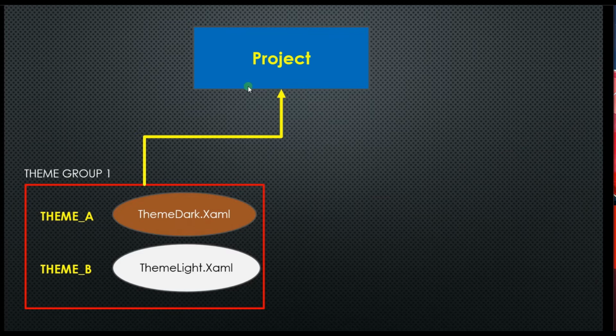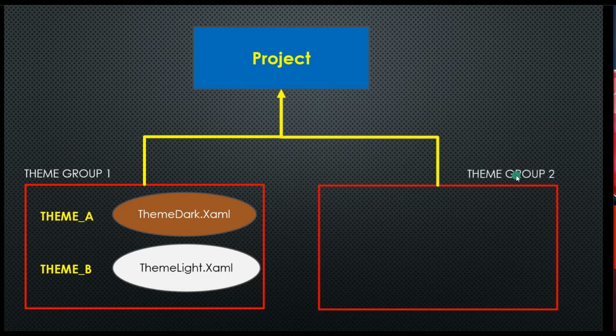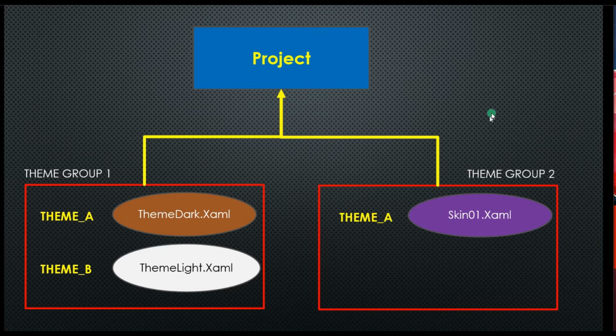What if for the same project, I'm not talking about a new project, the same project, there is a new theme, let's call it theme group 2. So in this group, we have one more skin one, and this skin one should not, I repeat, should not contain the same keys as theme dark, because both theme dark and skin one are loaded into the same project.